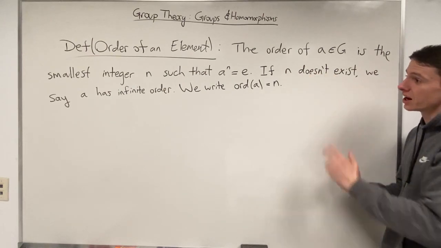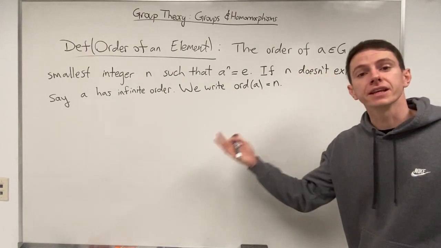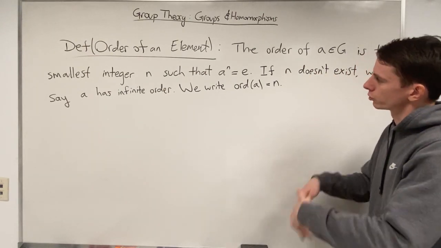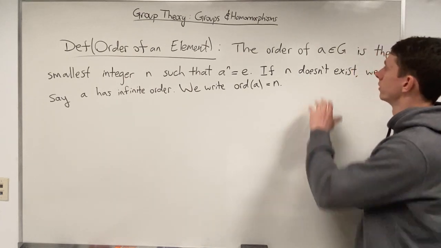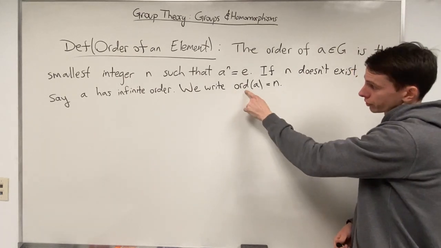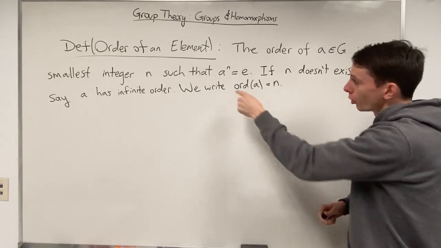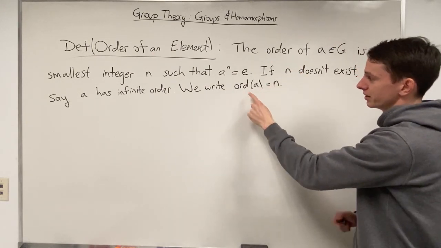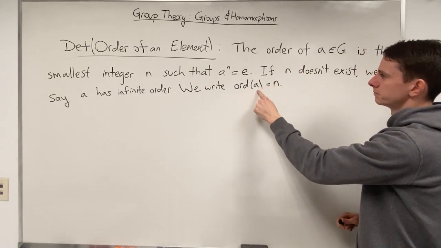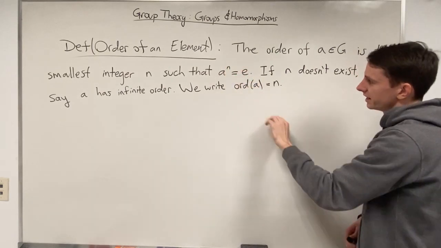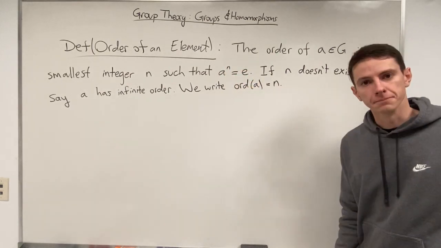Now, if n does not exist, we would say that A has an infinite order. The way that we can denote the order of an element is to write the letters ORD, and then in parentheses the element, the order of the element A. And if A to the n is the identity, then the order of A is equal to n.